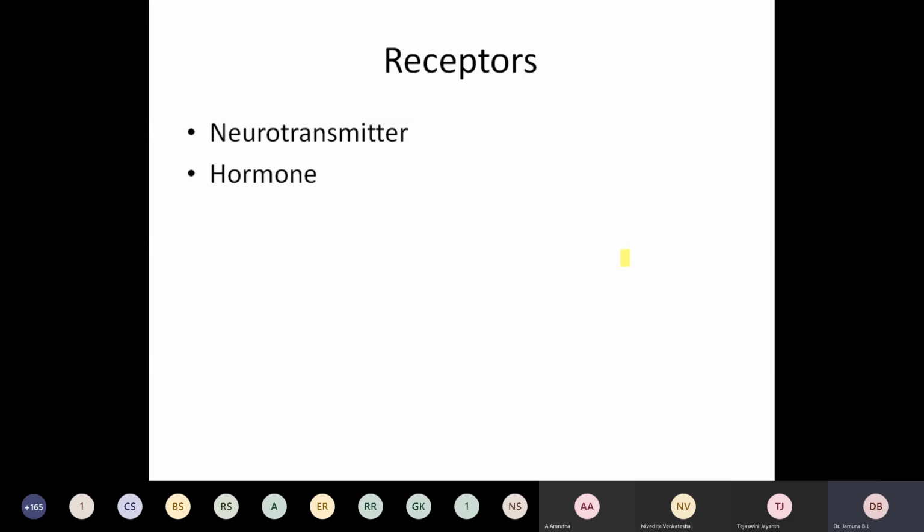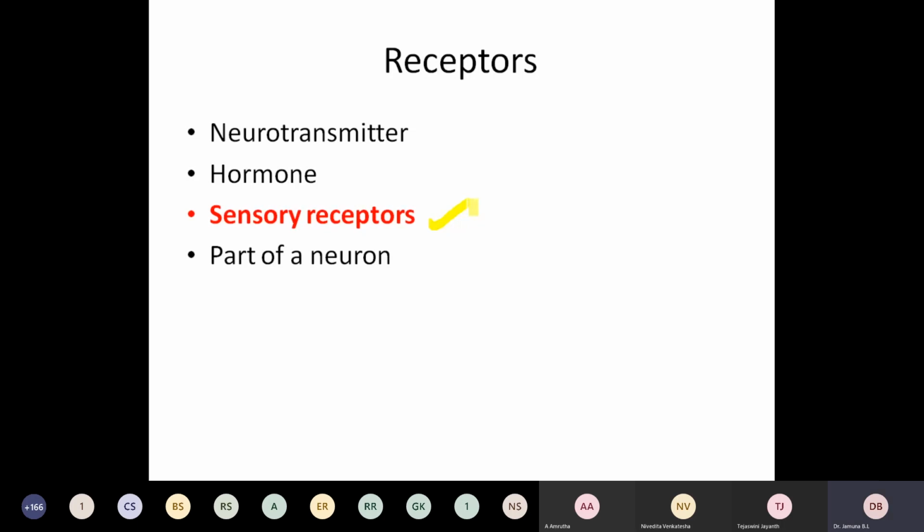But are we talking of this receptor? We are talking of sensory receptors, not the receptors on which chemical substances act to bring about a chemical change or a response in our body. We are talking about a receptor which is present in the nervous system, and which will bring about changes in the body based on the information it is receiving.